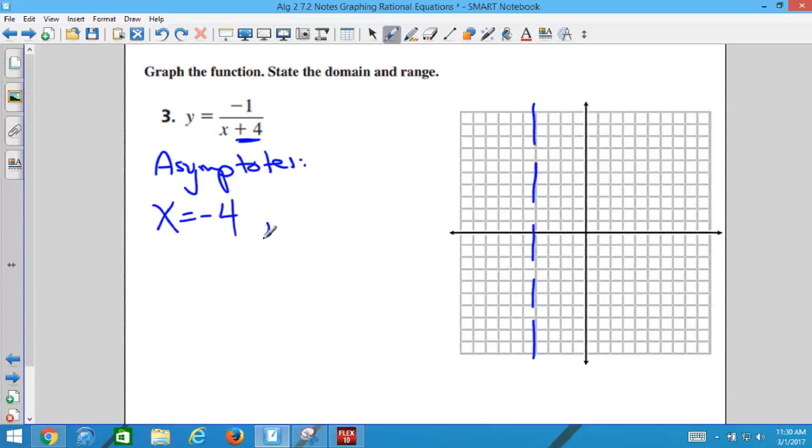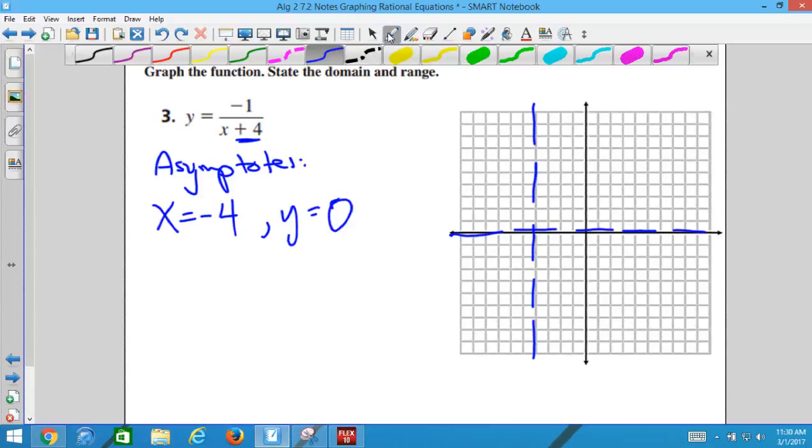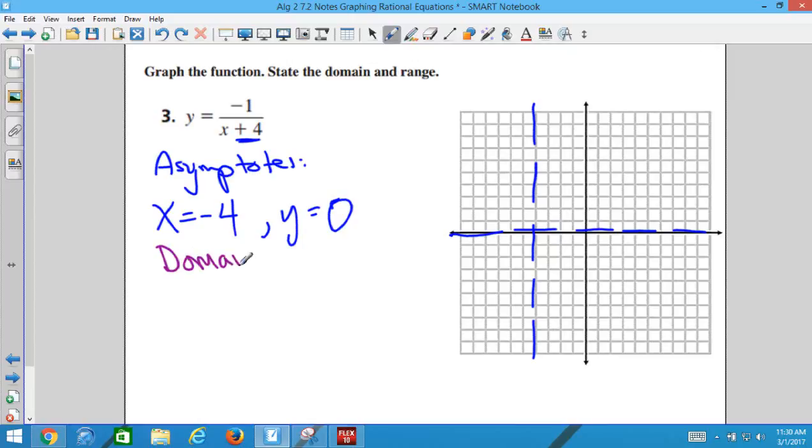And then my y asymptote, is there a translation for my y? No, so that's still y equals 0. So I could, if I wanted to, right now, before graphing anything else, write my domain and range. You could, but uh-huh.